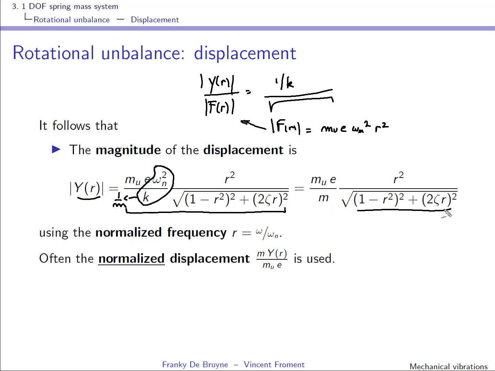Okay, so you arrive at this expression of the magnitude of the displacement, where r is again the normalized frequency, and you observe that when r tends to infinity, this factor here tends to 1, and this is why this normalized displacement is often used.